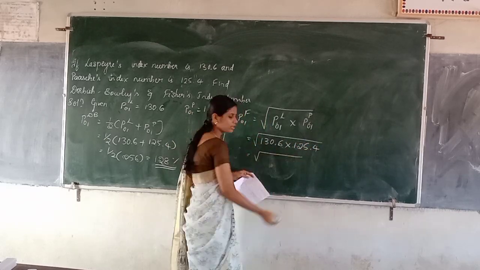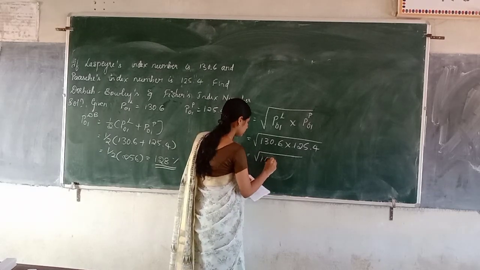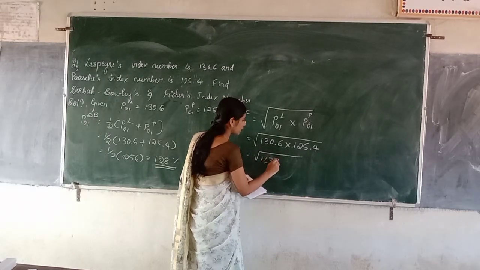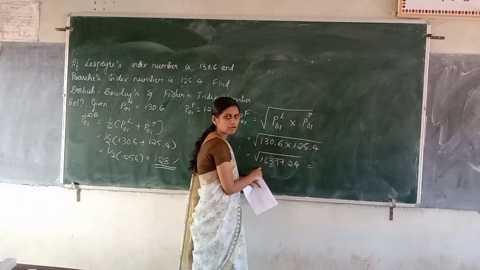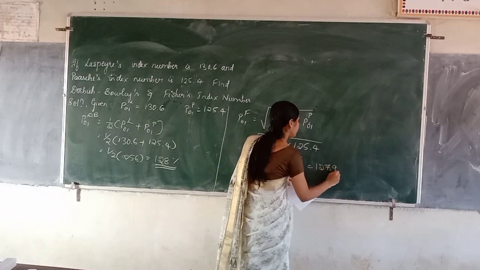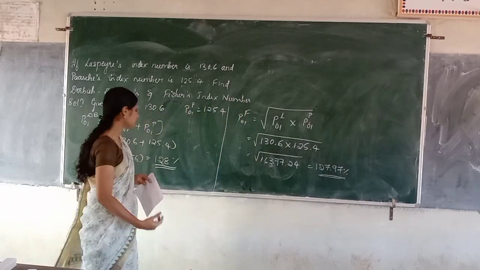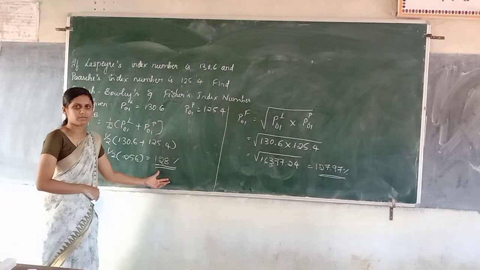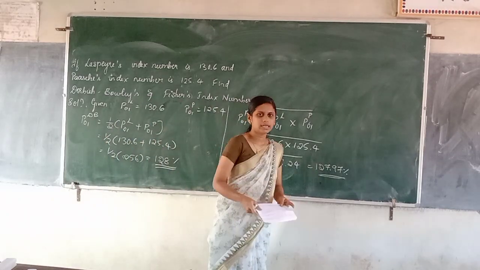When you multiply, that is the square root of 16,377.24, and when you calculate the square root of this value, you will get the answer as 127.97%. So this is Fisher's index number. The Dorbish-Bowley index number is 128 and Fisher's index number is 127.97.